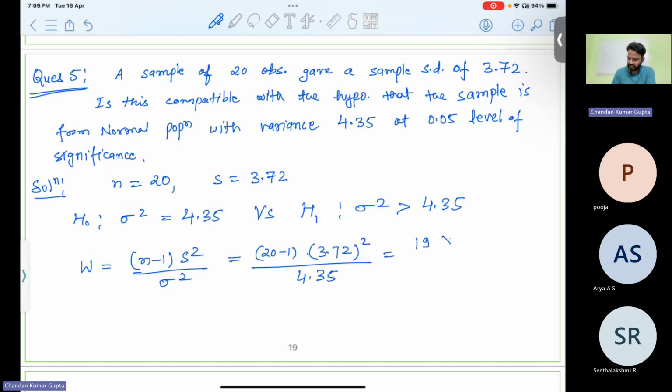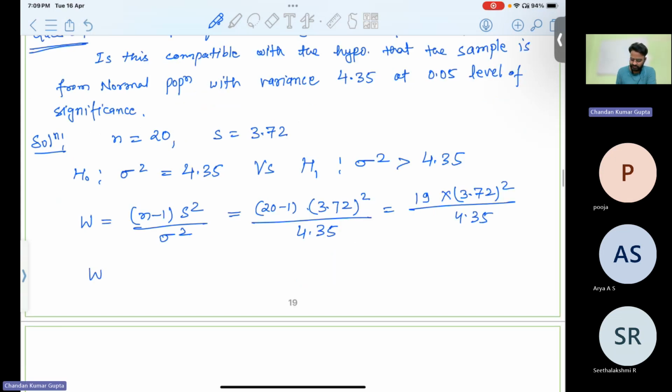So it is 19 into 3.72 squared, divided by 4.35. After calculating, the final value is 60.44. The calculated statistical value is 60.44.